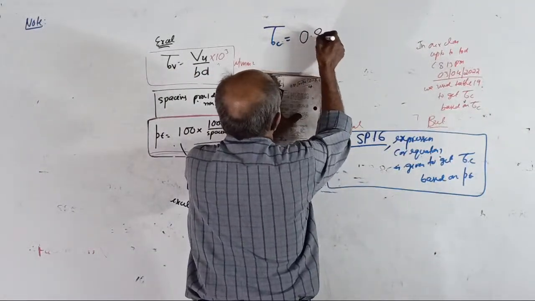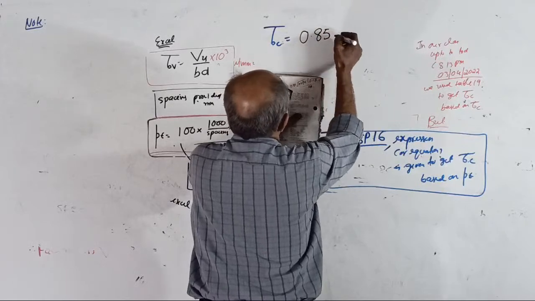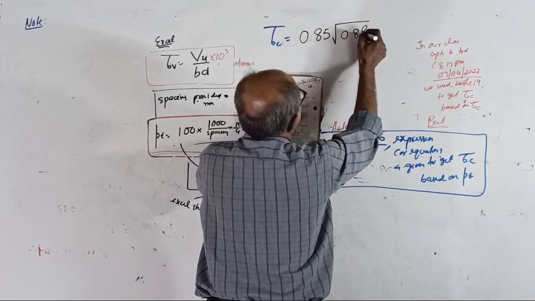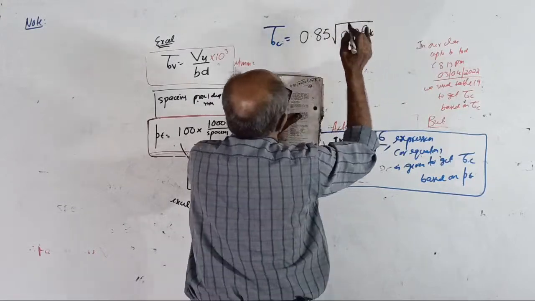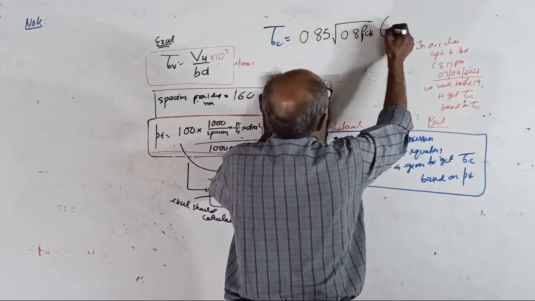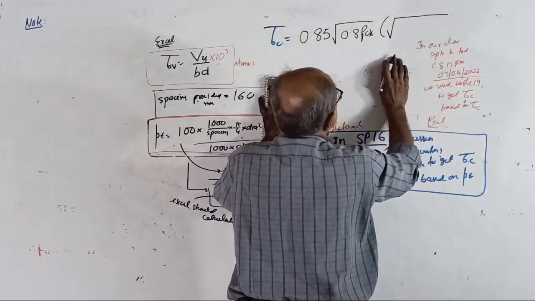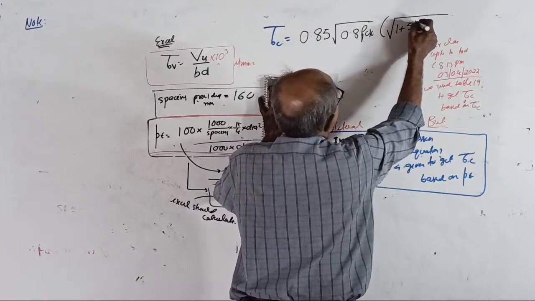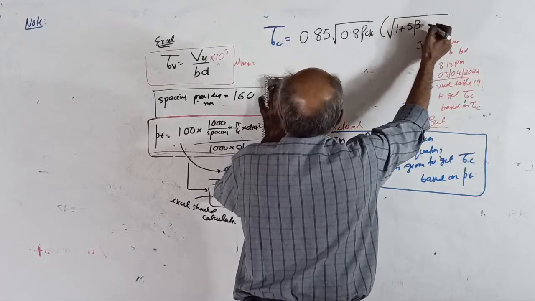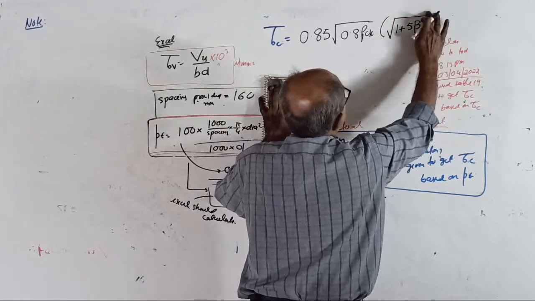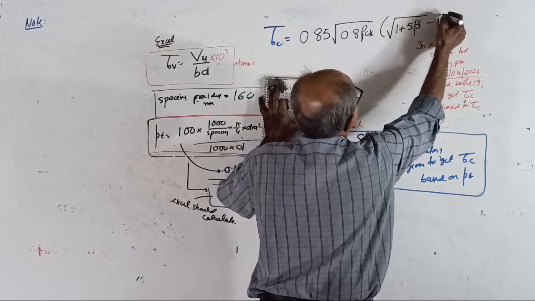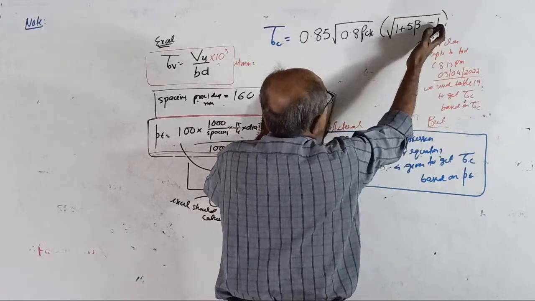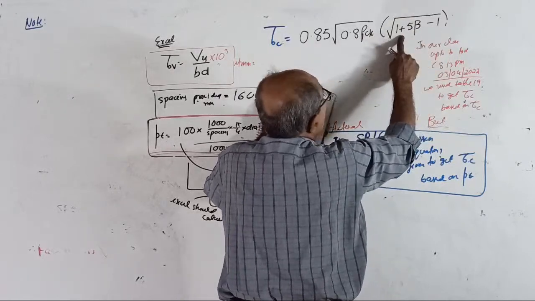0.85 into root of 0.8 FCK into bracket square root of 1 plus 5 times beta, then minus 1 is outside the bracket, outside the root, minus 1, because someone told, sir, bracket inside.